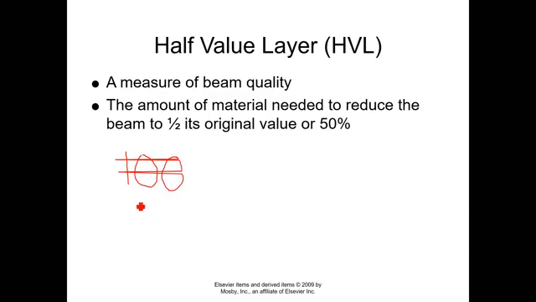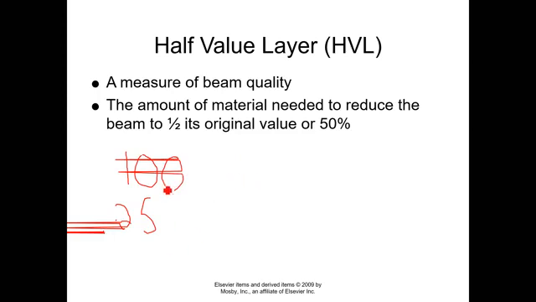It's 100, and I'm telling you that the half value layer is 0.25. I'm going to ask you, how thick do you need the material to be to bring this 100 down to a quarter?